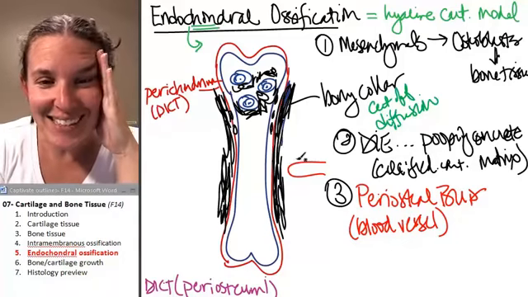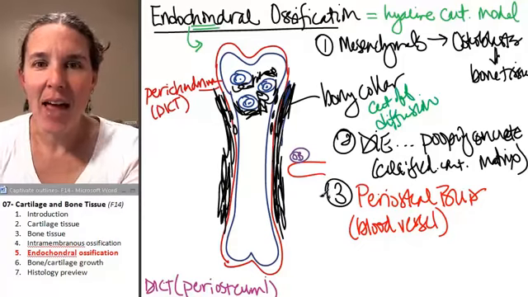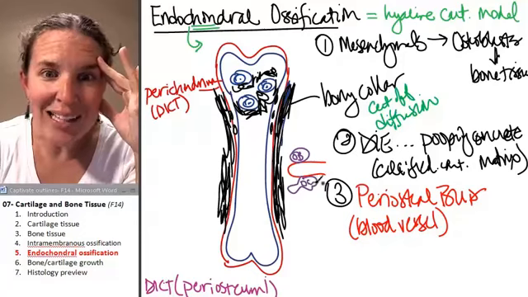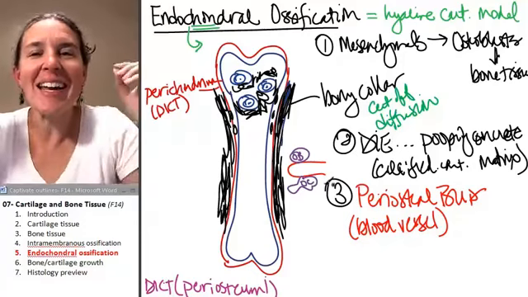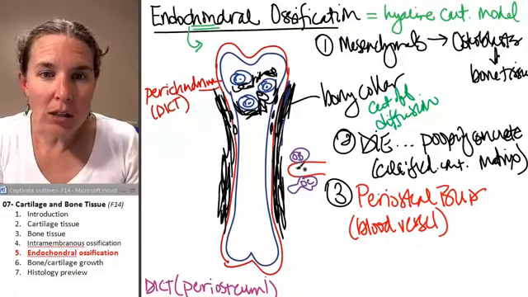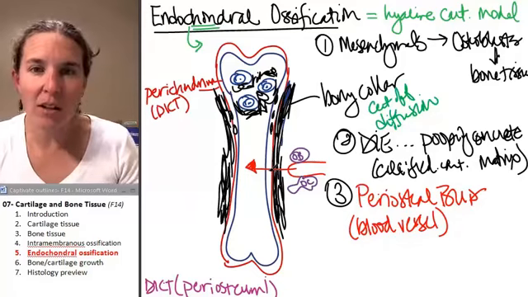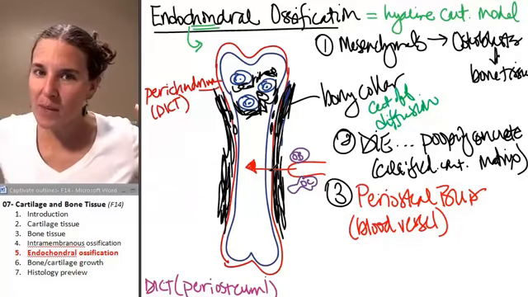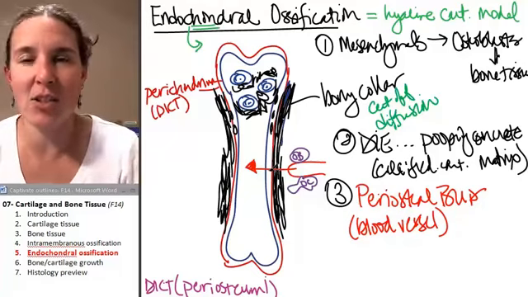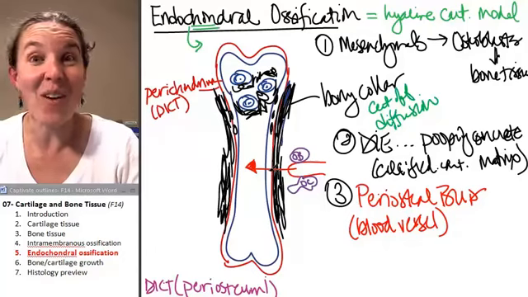I love this. Osteoblasts. And guess who else? Osteoclasts are going to hitch a ride. And the periosteal bud literally busts through the calcified collar and enters the dying zone. It's all bad. But now we have osteoblasts and we have osteoclasts.